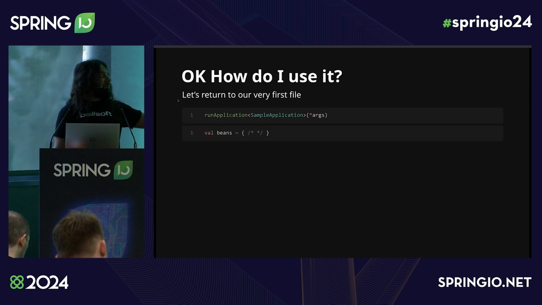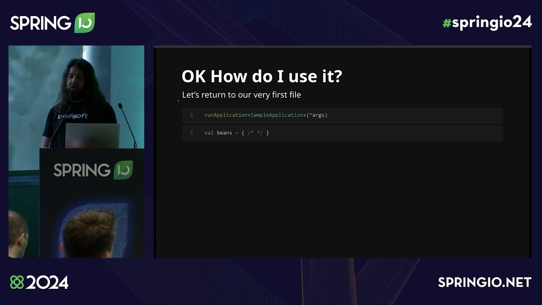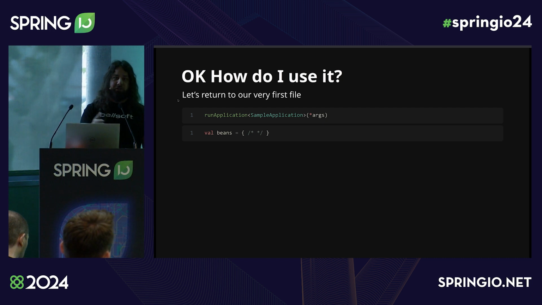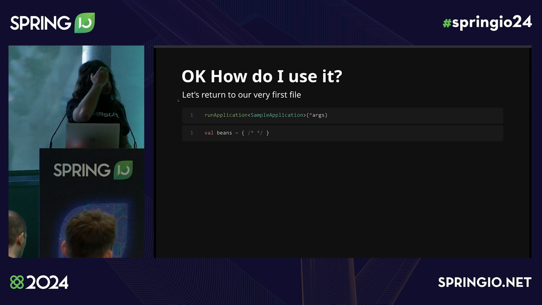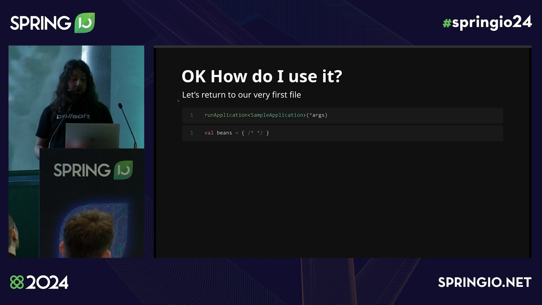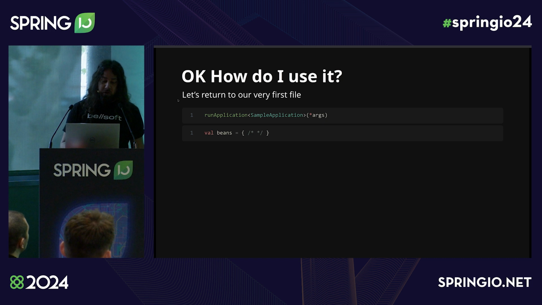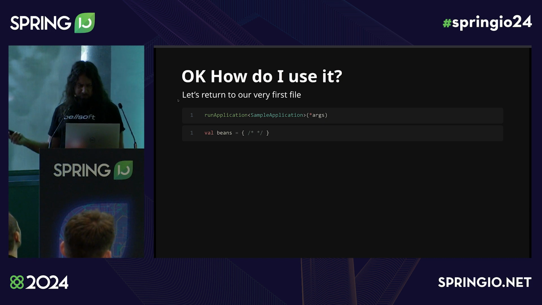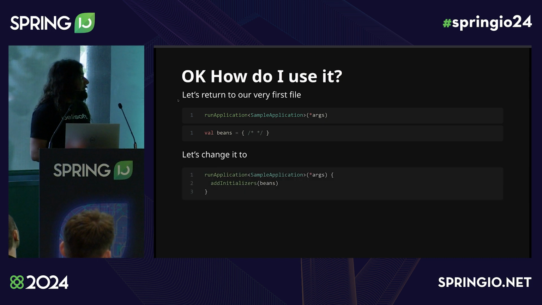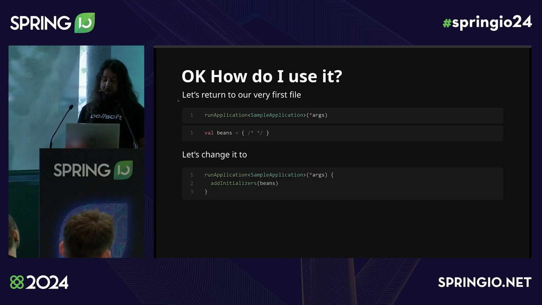Okay, how do we use these beans initialized this way? Because when we use Java bean configuration, it's injected automatically, right? We should return to our main function here, run application with sample application something, and we also have our beans defined. Let's change it this way.